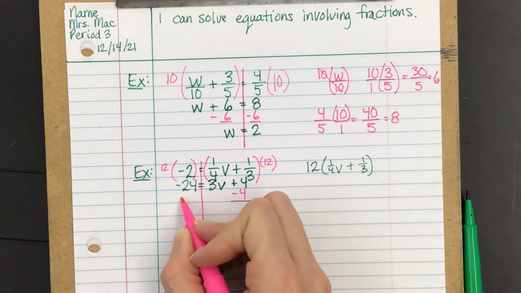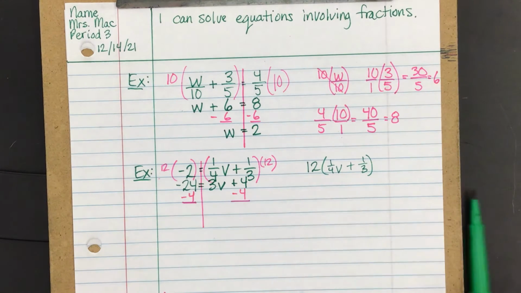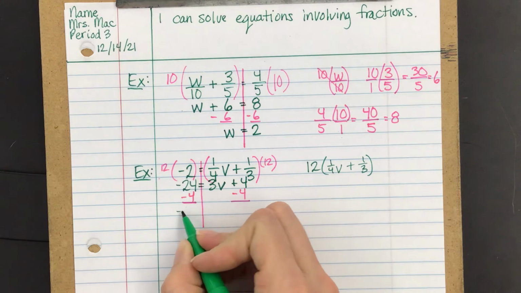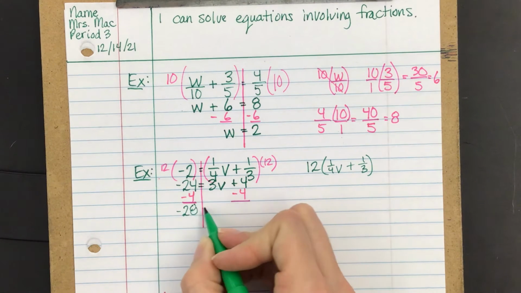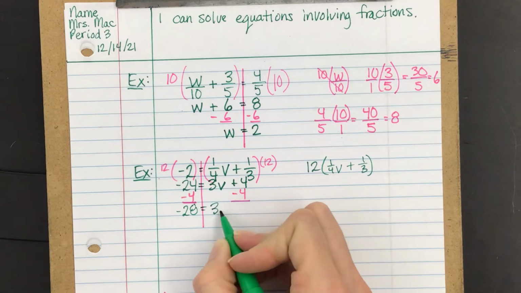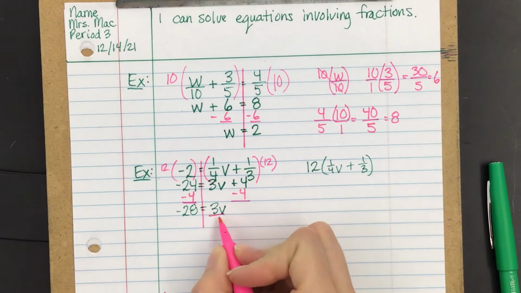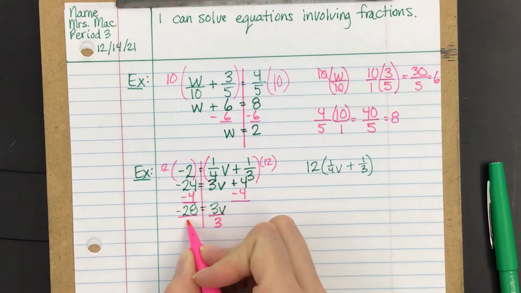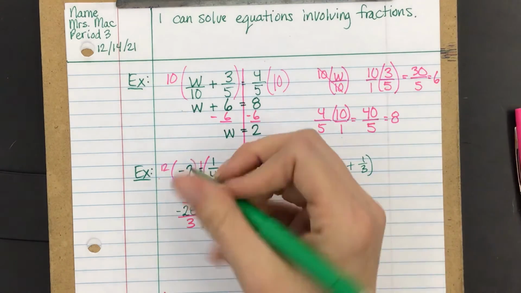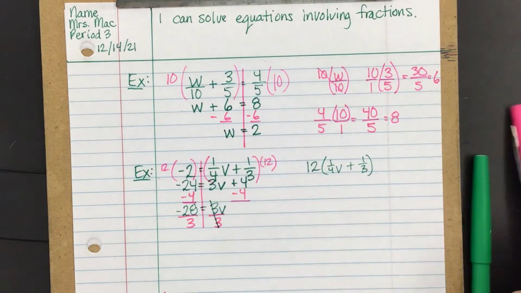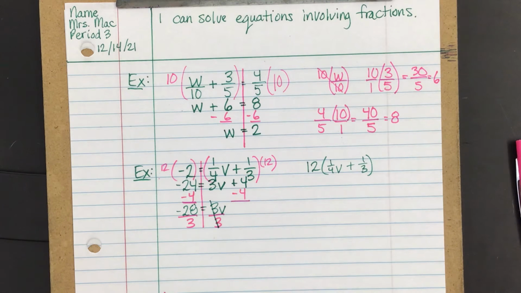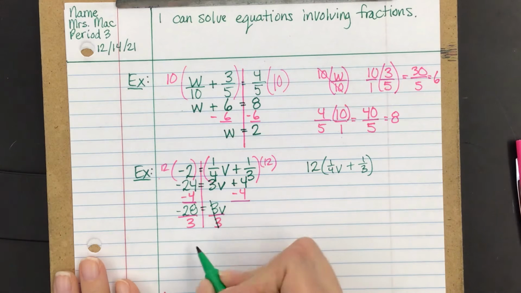I'm going to subtract 4 from both sides. So negative 28 is equal to 3v. Divide both sides by 3. Now, a lot of times when you're doing these types of problems, you're going to end up with fractional answers. That is totally fine.